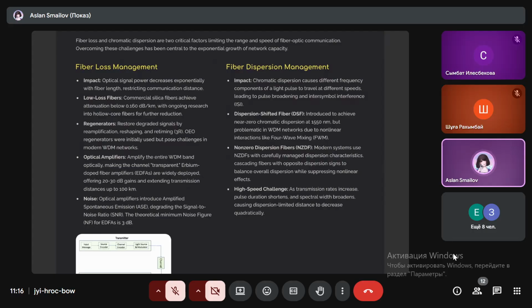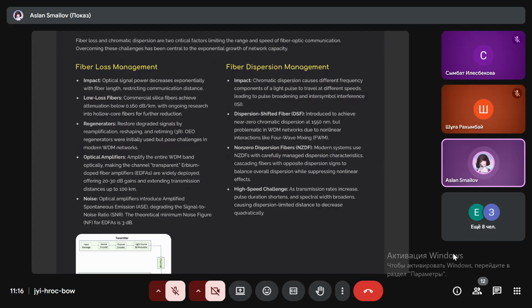Well, let's start. Optical signal power decreases exponentially with fiber length, restricting communication distance. For low loss fibers, commercial silica fibers achieve attenuation below 0.160 decibel per kilometer, with ongoing research into hollow core fibers for further reduction.